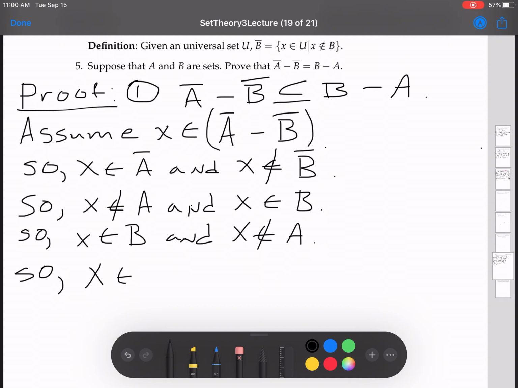So x is in B minus A. This proves direction 1.